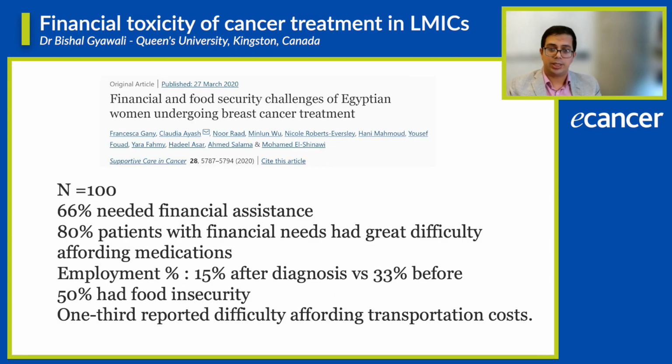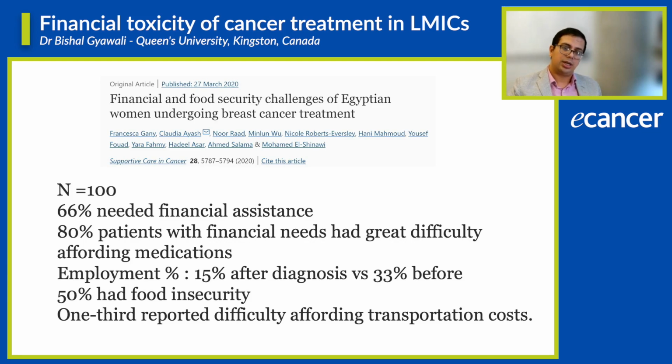Another study from Egypt of 100 patients, all with breast cancer, found that 66% needed financial assistance. 80% had great difficulty in affording medications, and they also found that many people quit their job after getting a diagnosis of cancer, because 15% of these women had employment after the diagnosis of cancer, compared to 33% who had employment before the diagnosis.